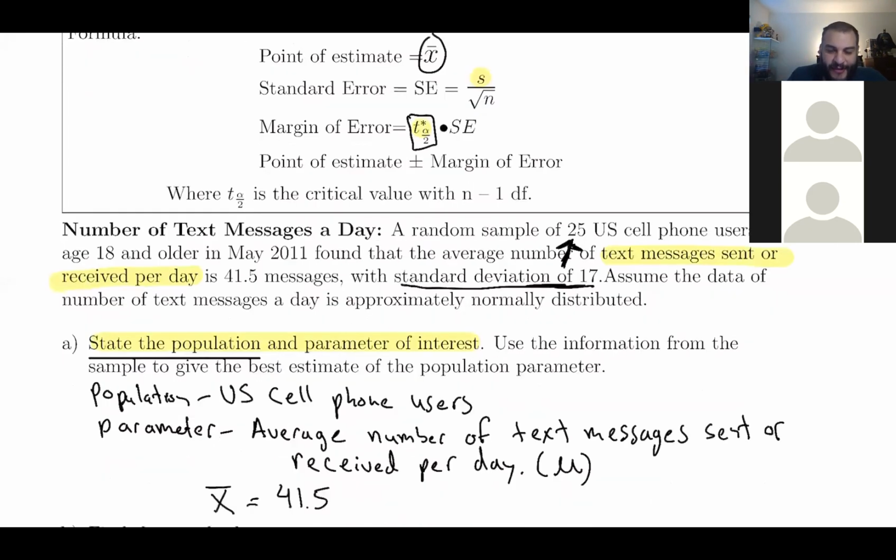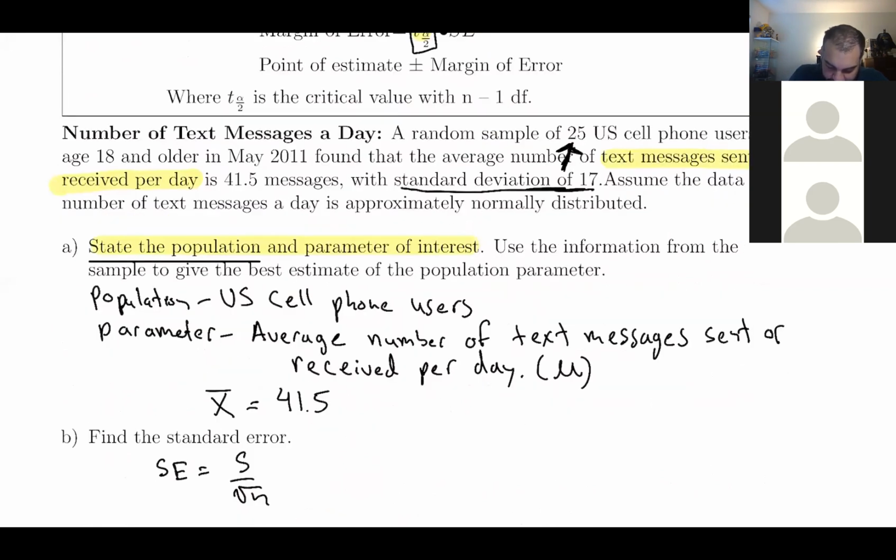So because the 17 comes from the 25, we have sample standard deviation, which is 17, and then you have square root of n, which is 25. So if you do 17 divided by 5, because the square root of 25 is 5, you get 3.4. So that's your standard error.